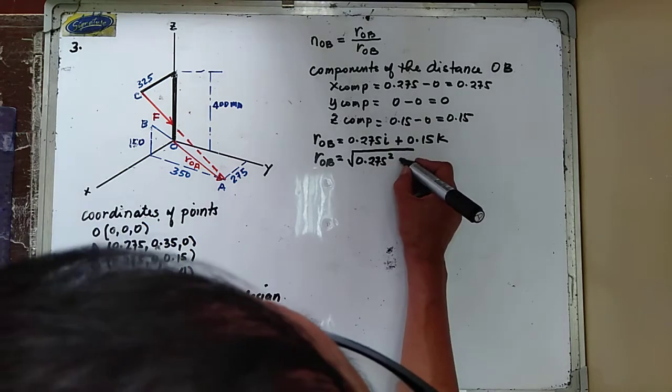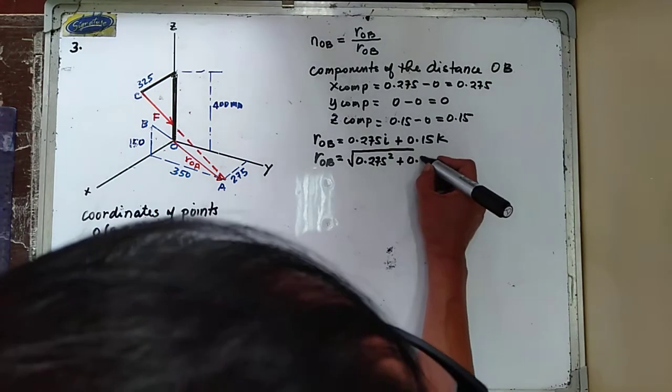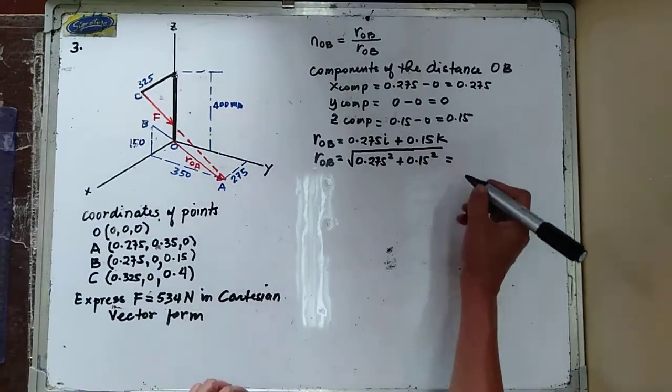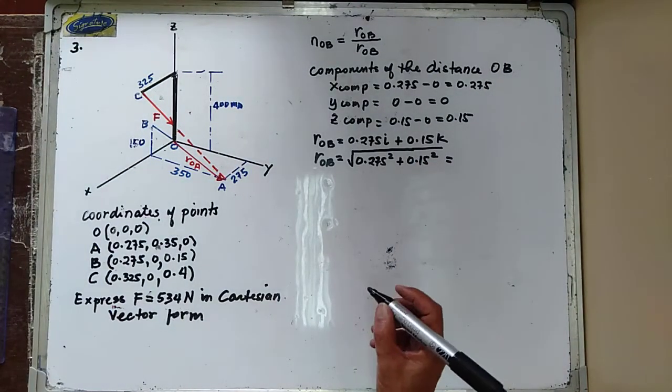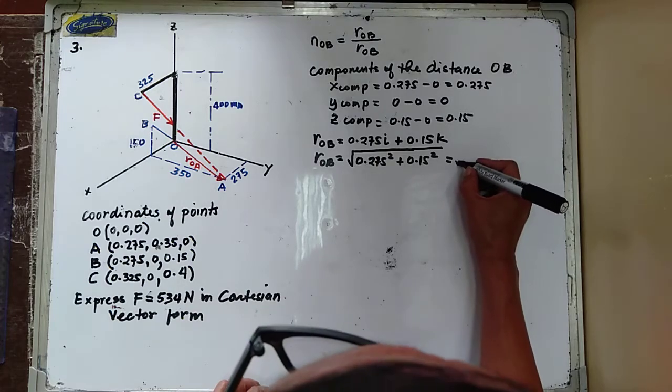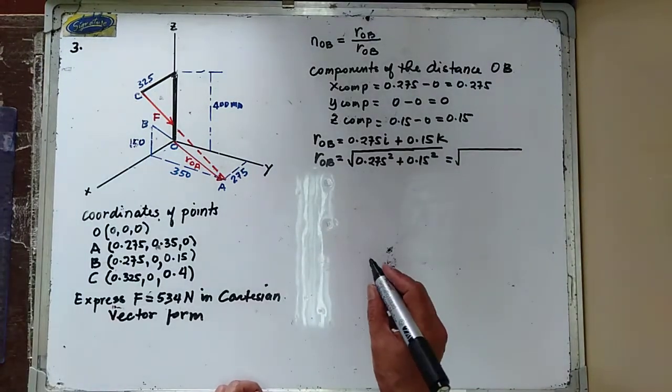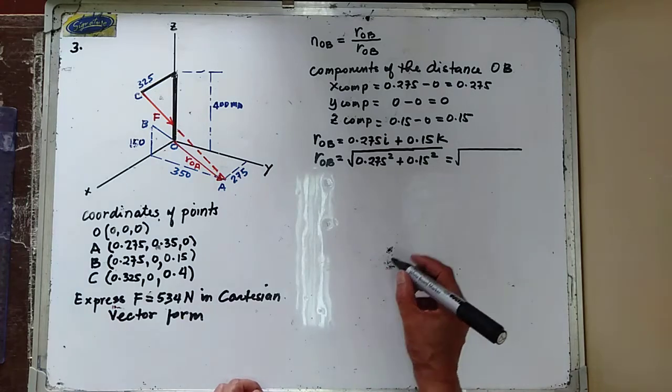And the magnitude of this vector distance is equal to the square root of 0.275 square plus 0.15 square. And this is therefore equal to the square root of 0.098125.